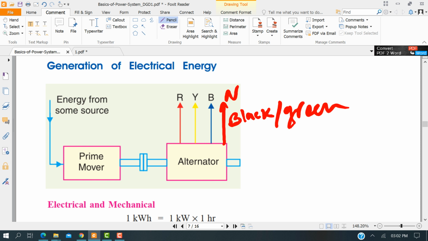The prime mover is a mechanical device. It's run by steam or fuel or nuclear or any other energy source. It runs the prime mover like a motor, and it runs the rotor of this alternator and then produces the electrical energy. So that's the basis of generating electrical energy.